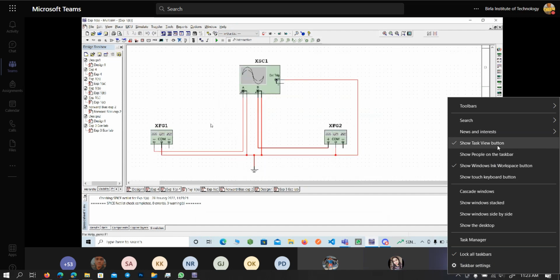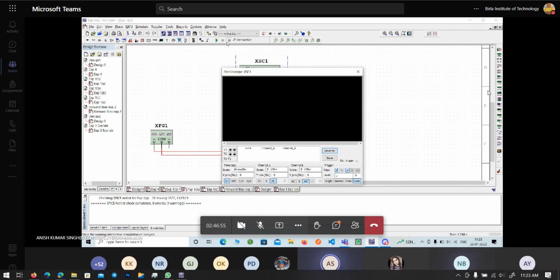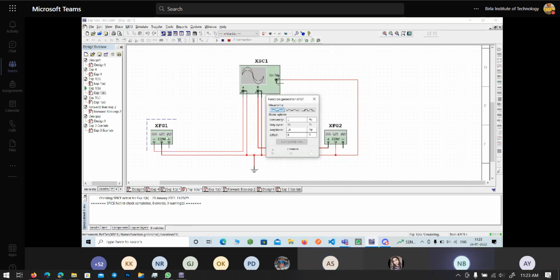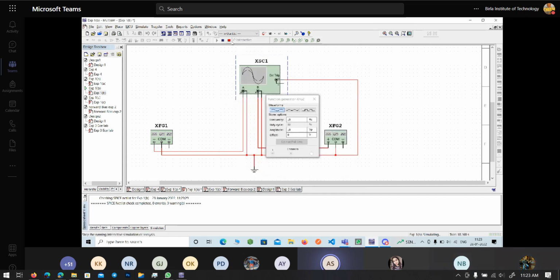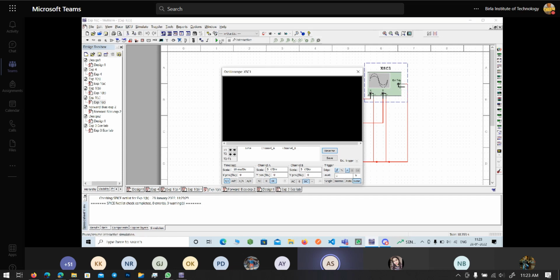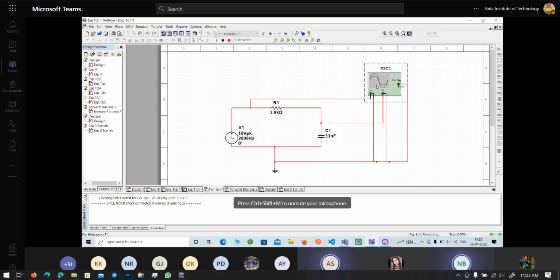So this is for the Lissajous pattern. The frequency was very low. Then further changing the ratio, we get different patterns. Then I'm going to the third one. Again, there's a problem in frequency, I guess.